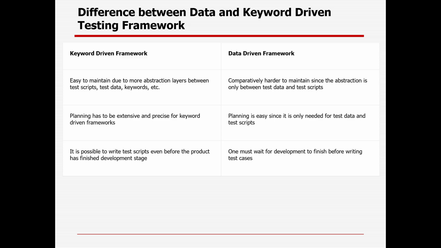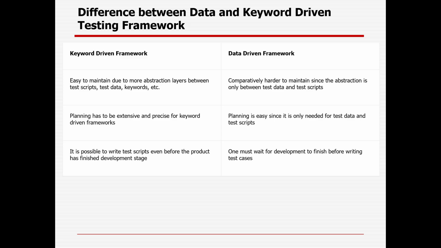The keyword driven framework is easy to maintain due to more abstraction layers between test script, test data, and keywords. The data driven framework is comparatively harder to maintain since the abstraction is only between the test data and the test script. In the keyword driven framework, planning has to be extensive and precise, whereas planning is easy for the data driven framework since it only needs the test data and the test script.